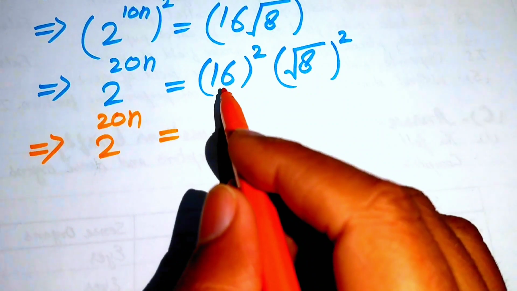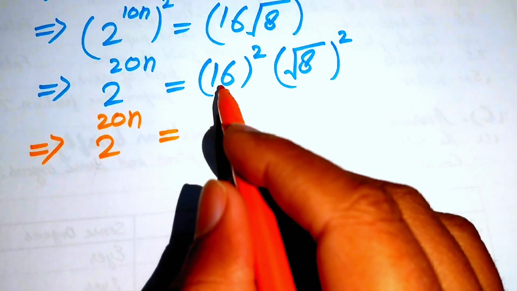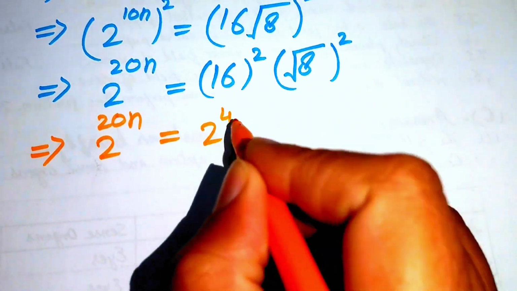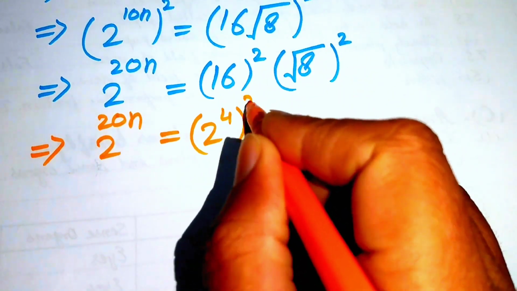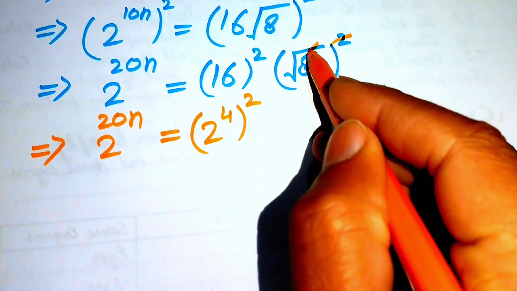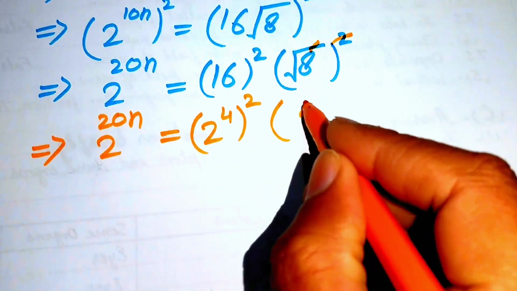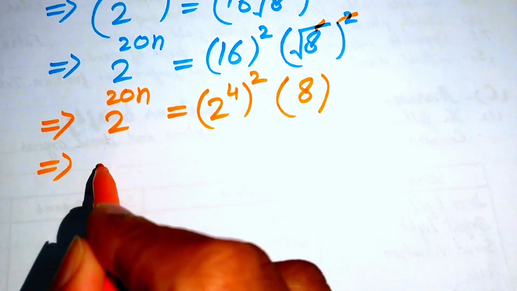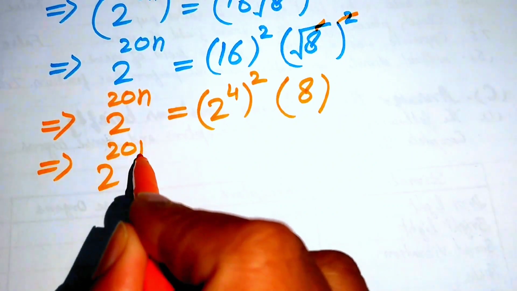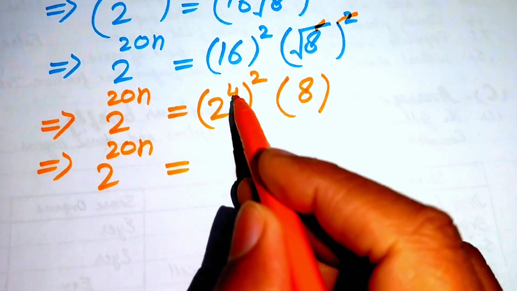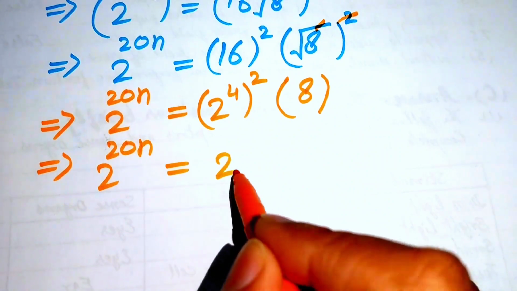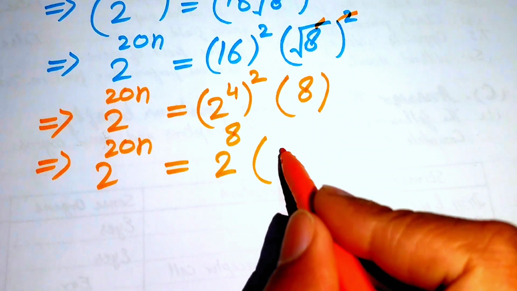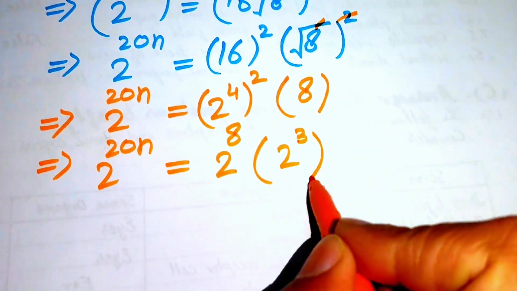We get 2 to the power of 20n equals, here we make the prime factors of 16, and we know that the prime factors of 16 are 2 to the power of 4 and its whole square, into, here you cancel these two, square root and square, and we get 8. Now we again simplify this term and we get 2 to the power of 20n equals, here we multiply these two exponents and we get 2 to the power of 8, and the prime factors of 8 are 2 to the power of 3.